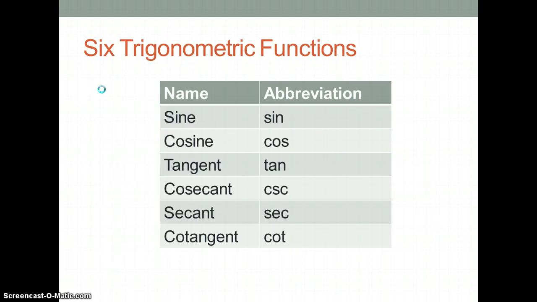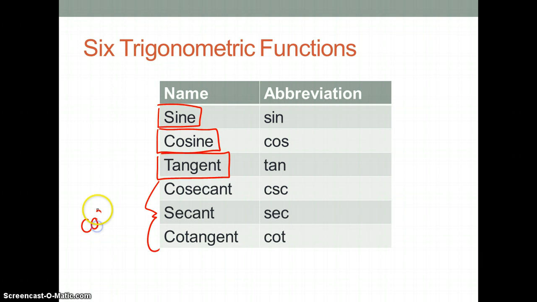These are, and I mentioned them in class, the 6 trigonometric functions, the ones you're familiar with. Sine, cosine, and tangent. These are the main functions, those 3. The other 3 are what we call co-functions. You see co as a prefix, you think it goes together with something else.